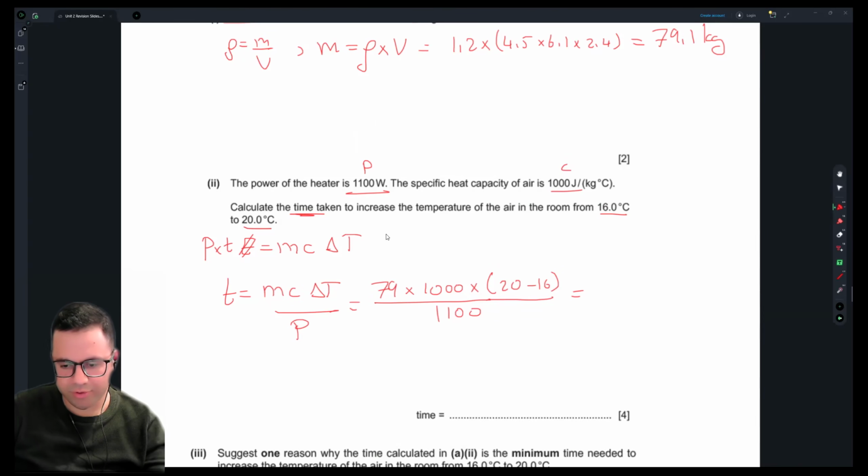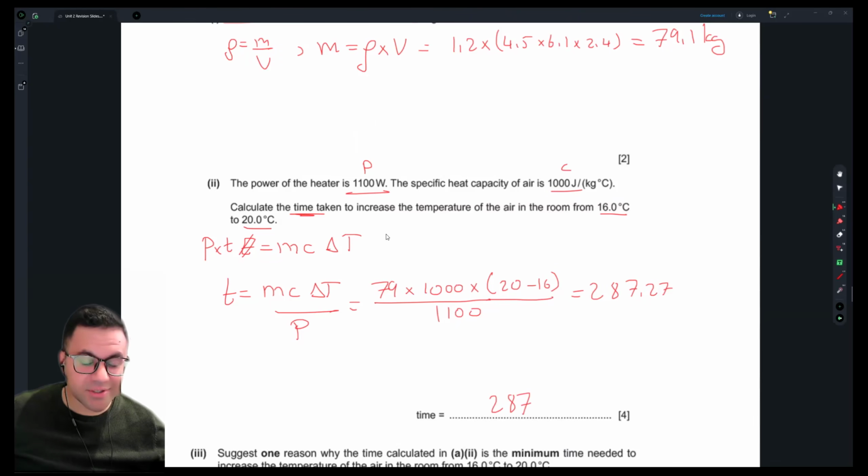That gives 287.272727. Okay, that's enough. 287. Now, because we're using SI units, seconds is my answer. Okay? Very good. This isn't hard at all.